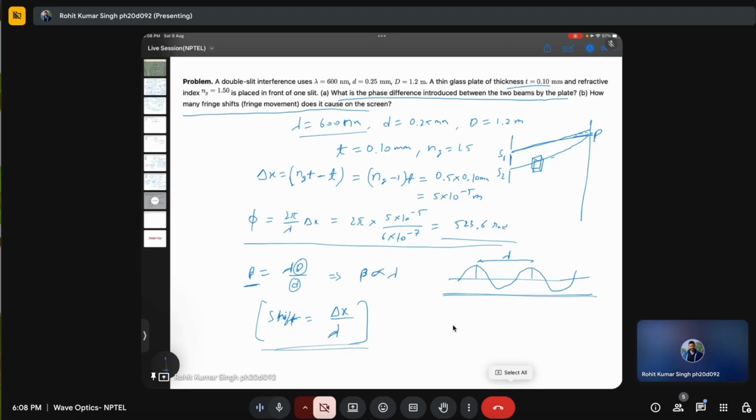Like if you were getting fringe number 3 here, x3, due to the introduction of this glass plate it will now change to something like 4 or 5, depending on the thickness of this slab.